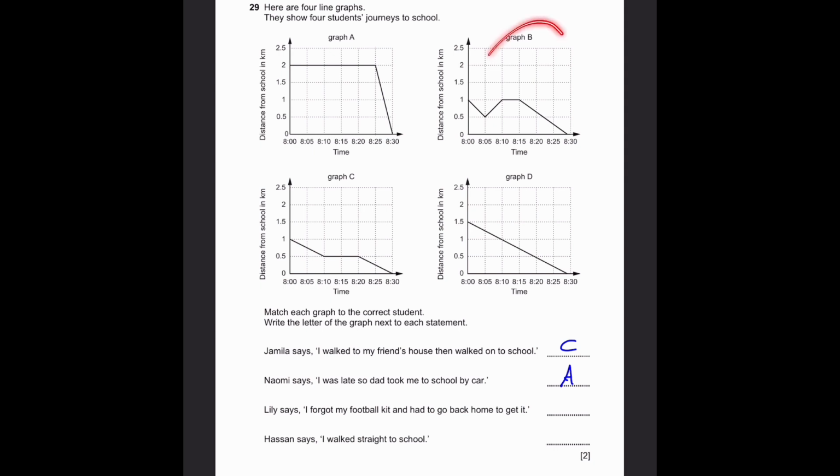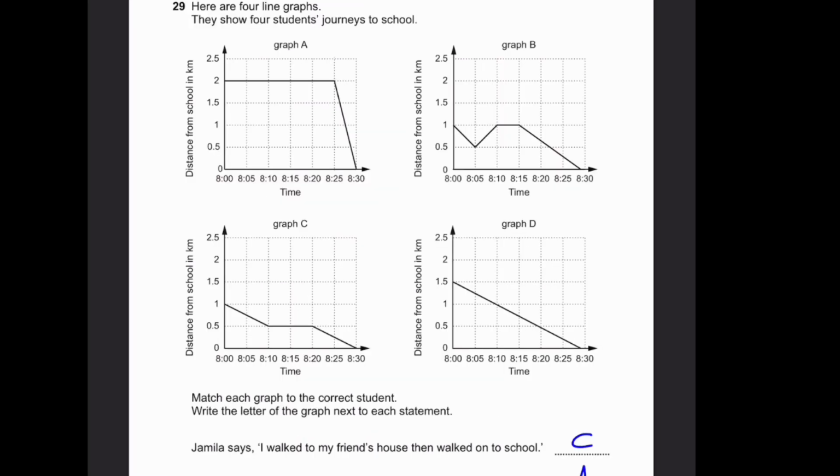So which one of these two graphs, B or D, shows that? Graph B shows that you go half kilometer and then half kilometer back to your own home. So that's Lily. Hassan says I walked straight to school. That means he did not stop anywhere. Straight line graph. D.